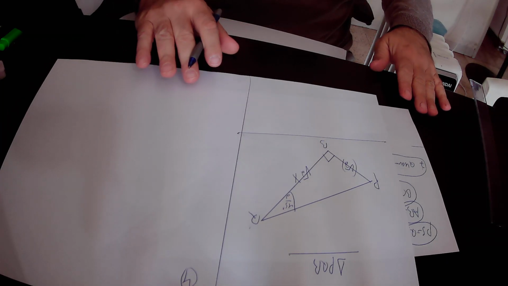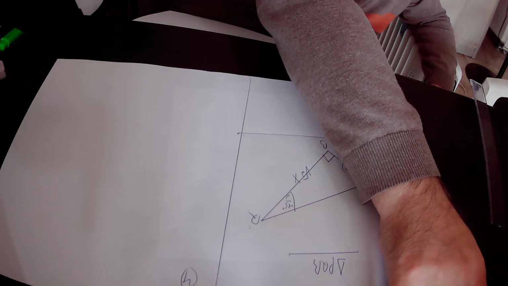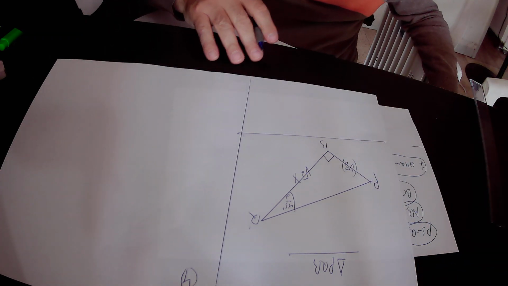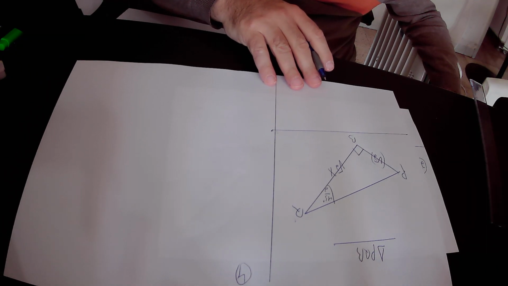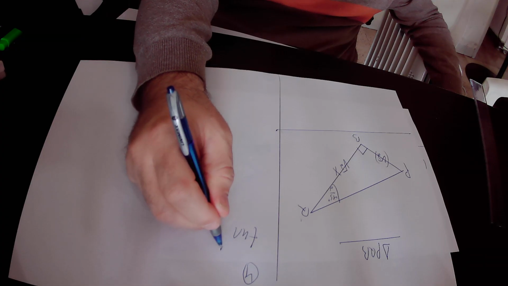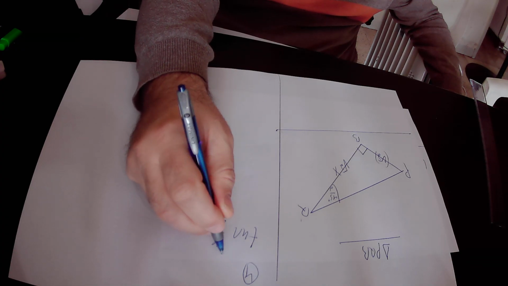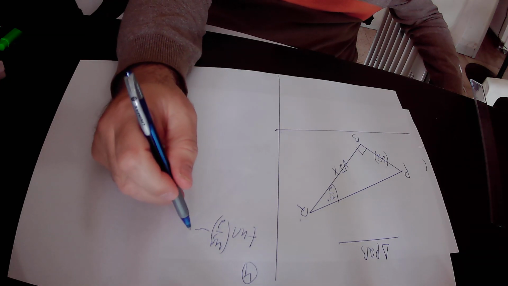In this right triangle PQB, tangent 45 over 2 degrees equals PB over BQ.